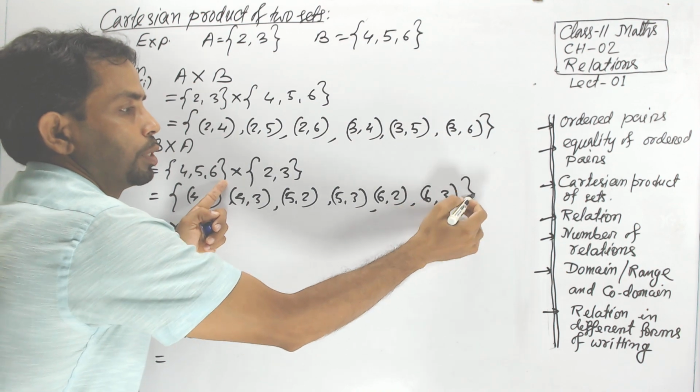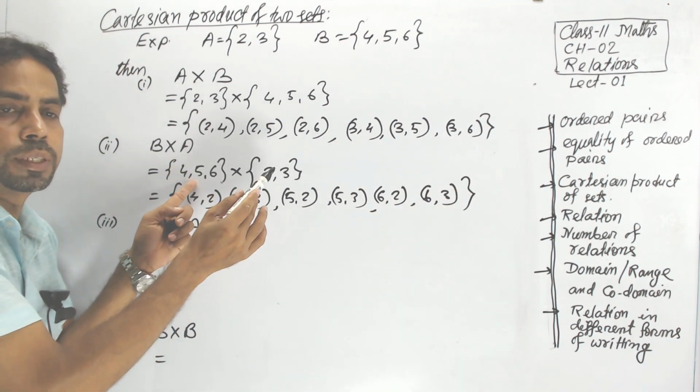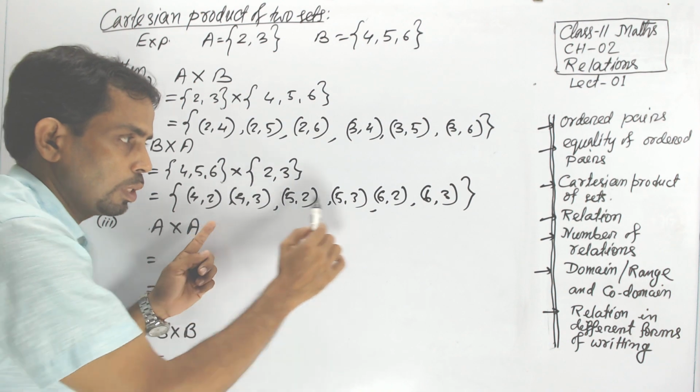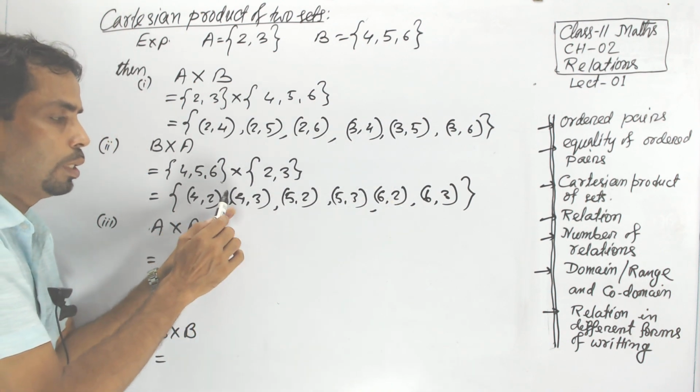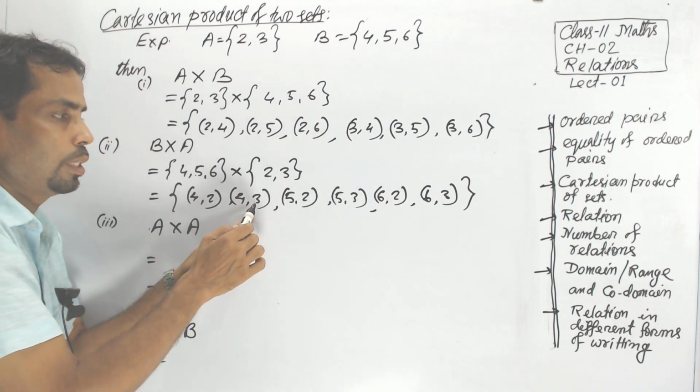The process is the same: the set of all ordered pairs in which in every pair the first component is from the first set and the second is from the second set.